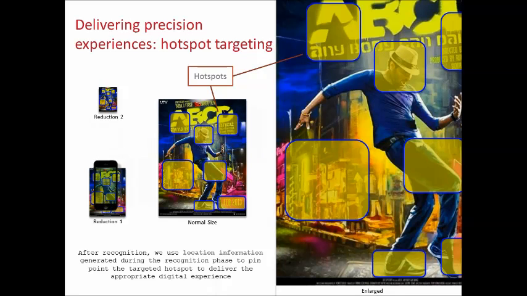You shrink the image, you still get the same experience, and you shrink the image even further and somebody snaps on the hat, they get the same experience. So the hotspot targeting is also designed to work at different scales and different distances, and that is one thing I would like to highlight in today's presentation.